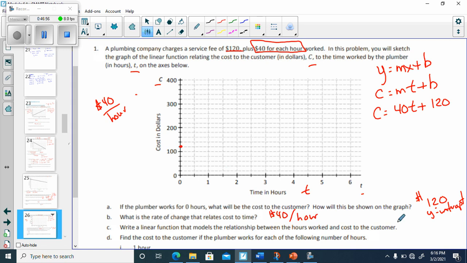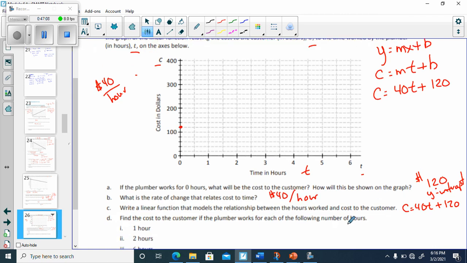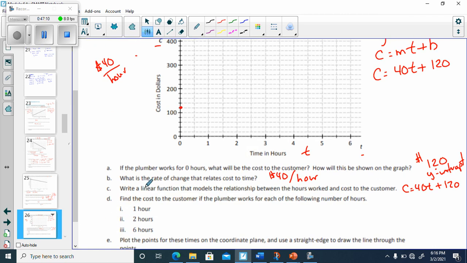Write a linear function that relates this. C is equal to 40t plus 120. Find the cost to the customer if the plumber works the following number of hours. Well, 1 hour. Okay, that would be C equals 40 times 1 plus 120.